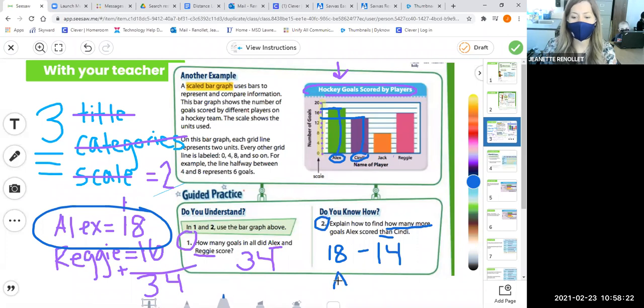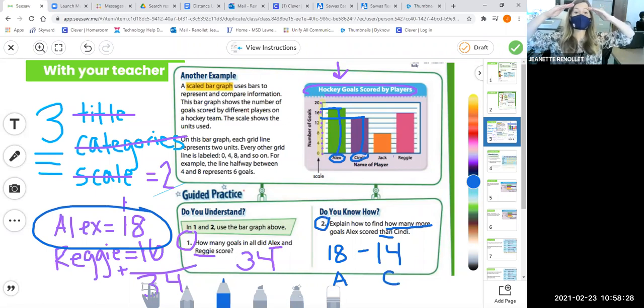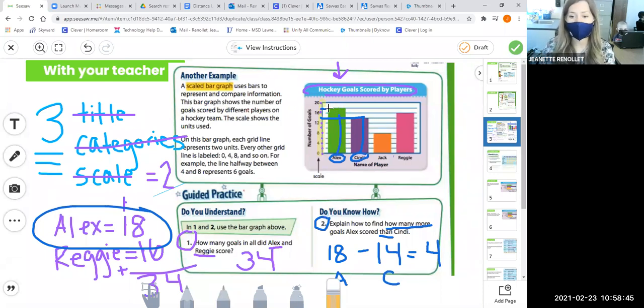If Alex has more, we can subtract Cindy. If Alex has 18, we can take away Cindy's goals to see how many more Alex has. So we can subtract 18 minus 14, get a difference of 4. Or, boys and girls, we can use the graph to determine how many more Alex has compared to Cindy.